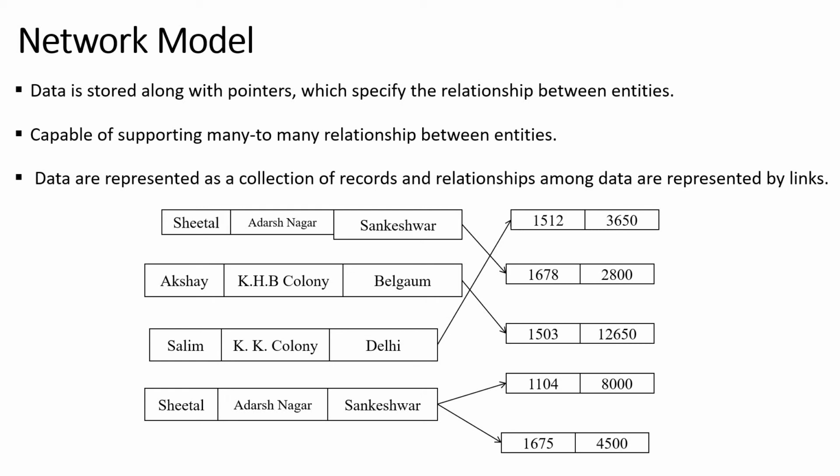Data access is easier and flexible when compared with the hierarchical data model. The next is that this particular network model ensures data integrity. Then what is data integrity? Data integrity is nothing but this will check for accuracy and consistency of data which is stored in the database.